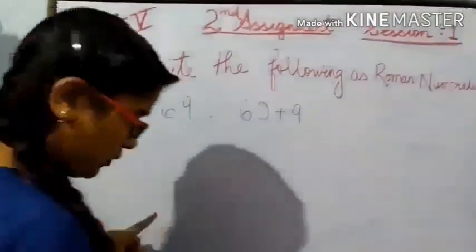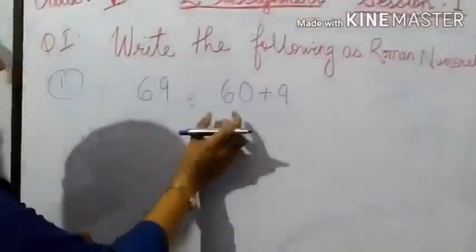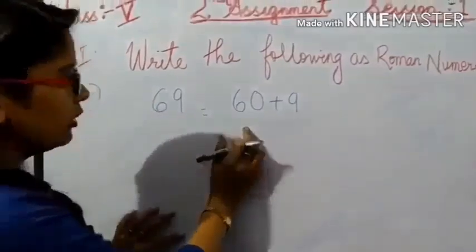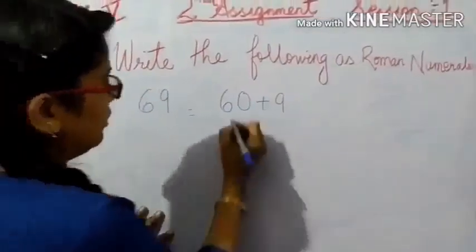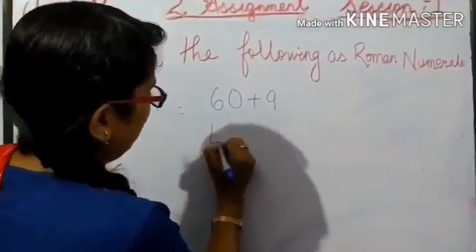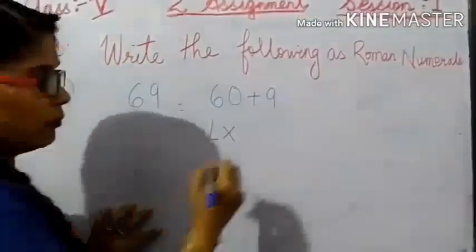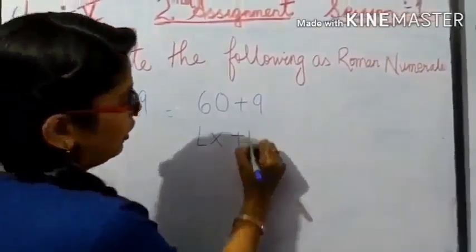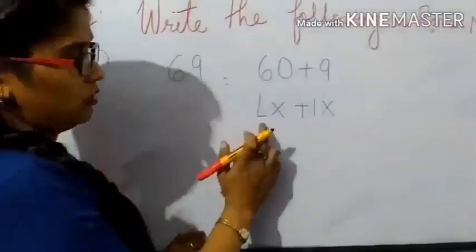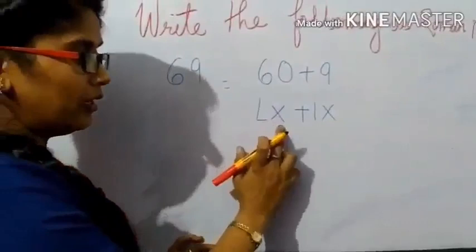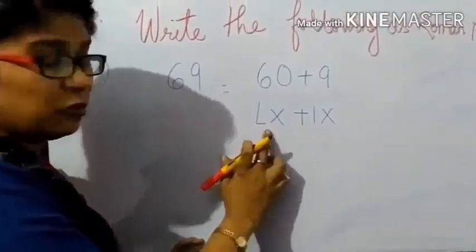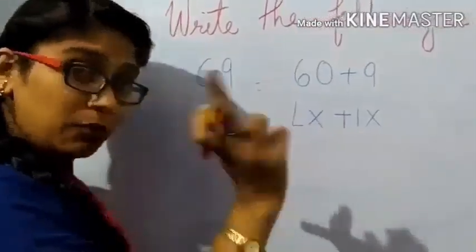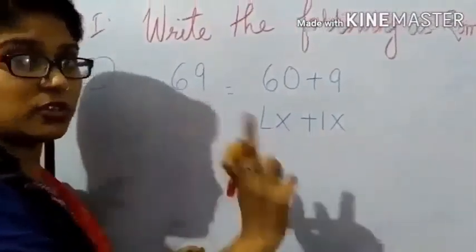Next step, we will write the Roman numbers for the given number. So 60 is what? LX plus 9, IX. LX plus IX. You must be confused, children, how LX comes. So remember your rule number second. What was rule number second?